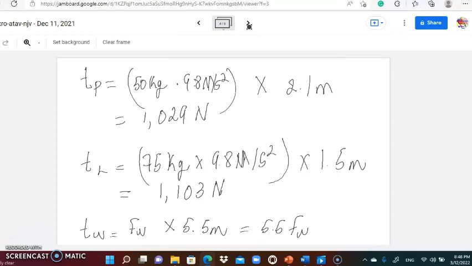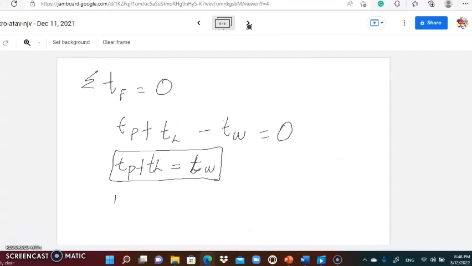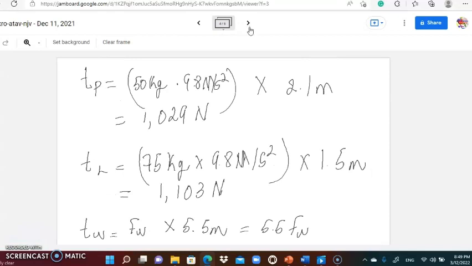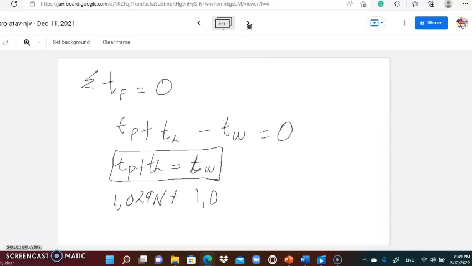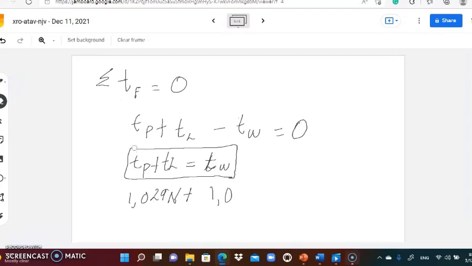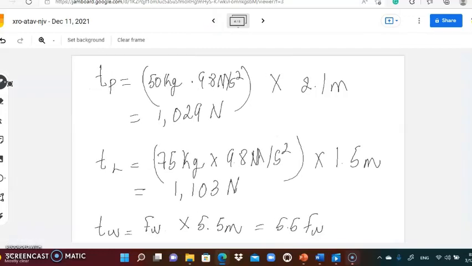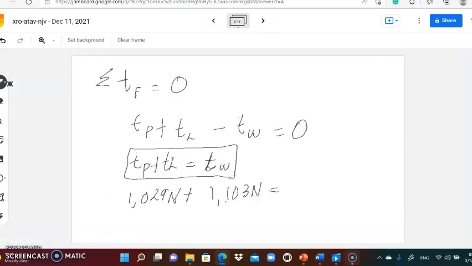So the torque force of the person, that's 1029 newtons, plus the torque force of the ladder, that is 1103 newtons, my bad, is going to be equal to the torque force due to the force that is being exerted by the wall and the ladder. That's 5.5 times FW.